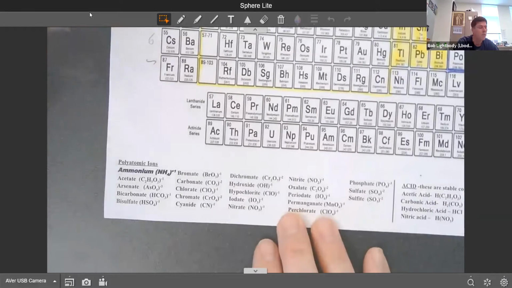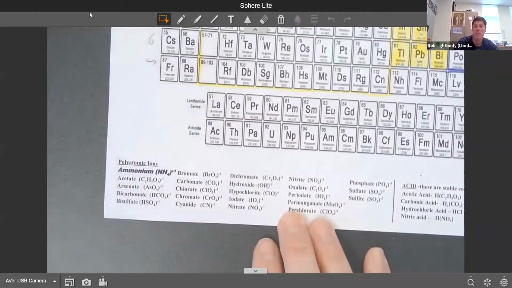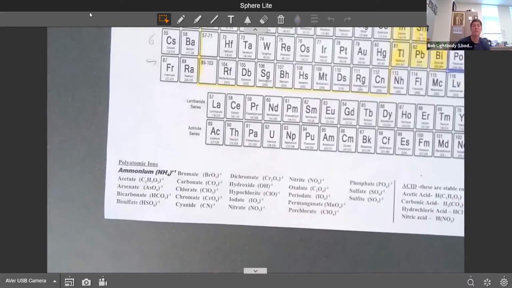I don't think AP gives them to you. I don't know, I haven't looked that far into it. I do one additional thing for my students. I will always put the polyatomics in parentheses if it's something I make. It just helps you visualize and process it quicker. Some books you're going to find out don't.